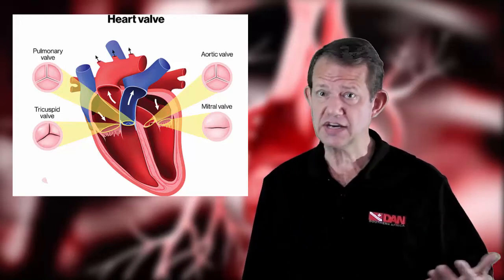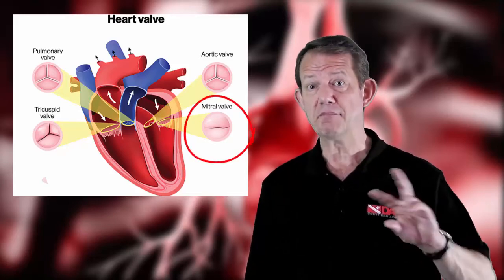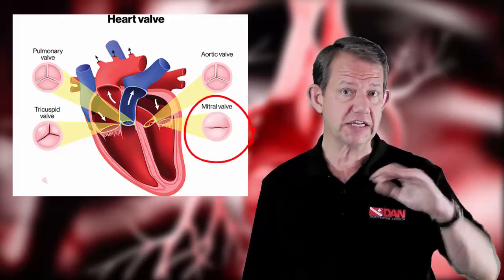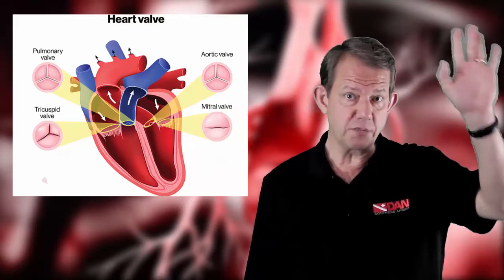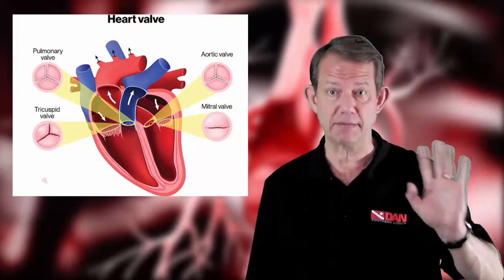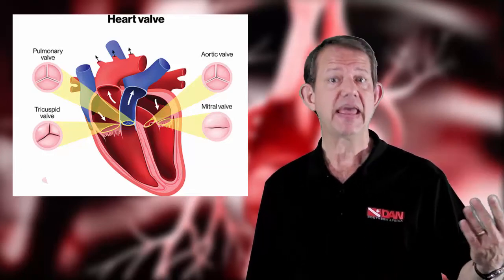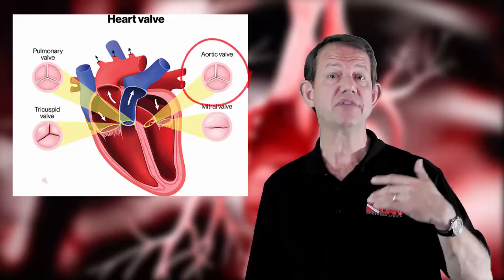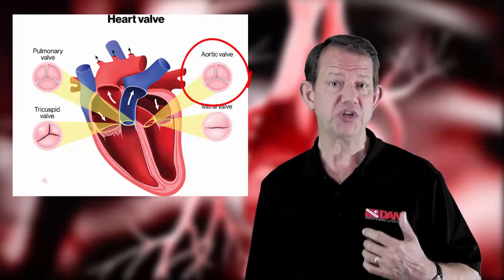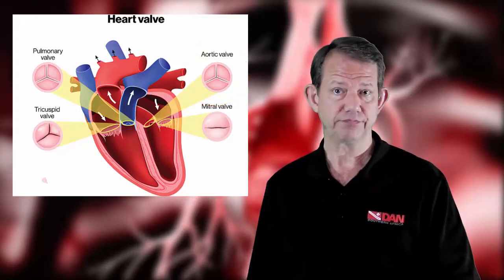On the left side of the heart, we have a mitral valve, and the mitral valve, because it looks a little bit like a mitre, like a form of a religious hat, if you like, is between the left atrium and the left ventricle. And then lastly, we have the aortic valve, which is between the left ventricle and the aorta.